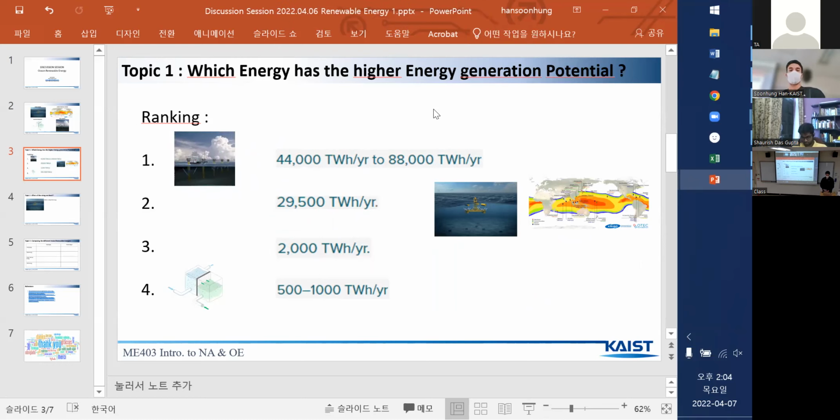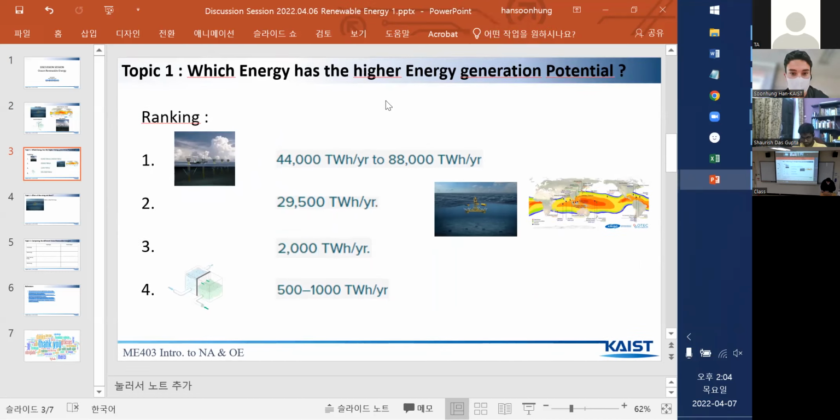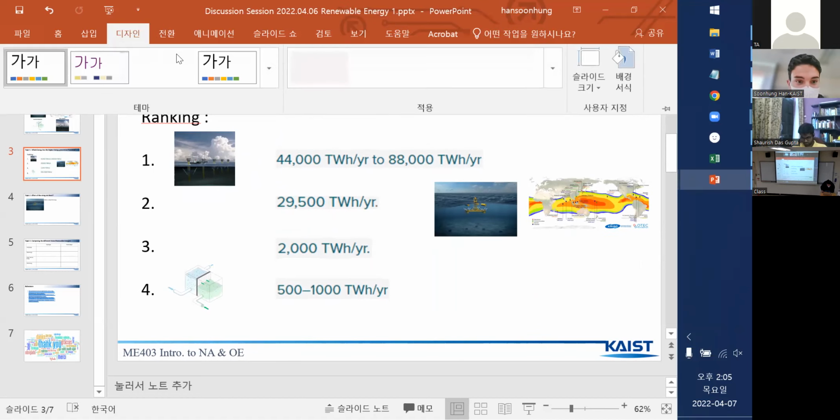Is there somebody that disagrees or agrees about tidal, for example? Could you type the title of the four energies? Maybe you can copy and paste.